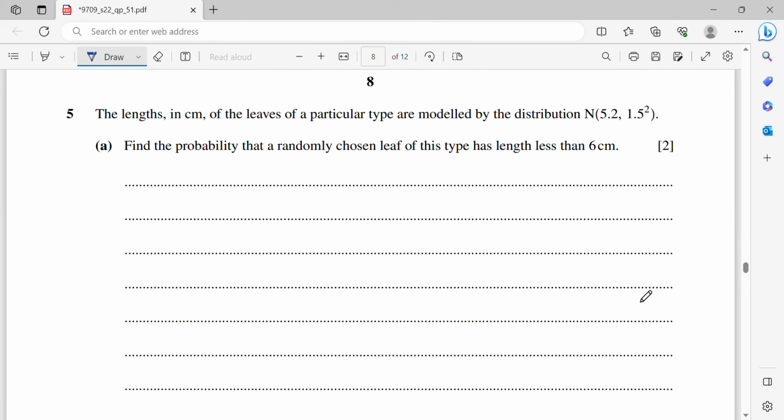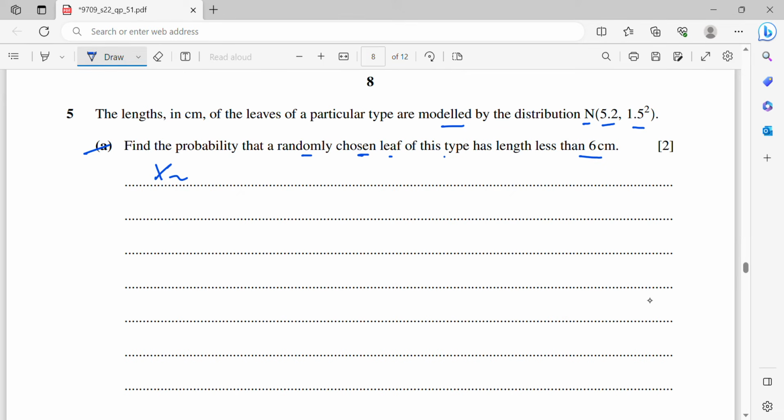Now number 5. The lengths in centimeters of the leaves of a particular type are modeled by the distribution N(5.2, 1.5 squared), which means that this is normally distributed. Find the probability that a randomly chosen leaf of this type has length less than 6 centimeters.